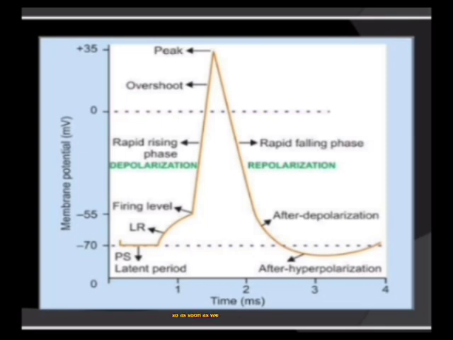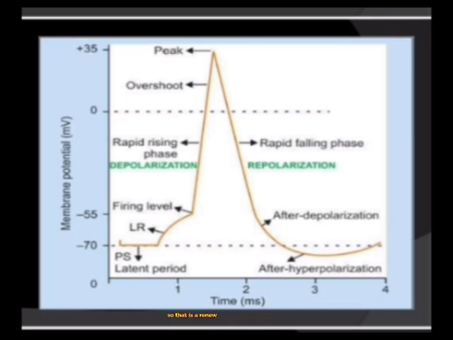So as soon as repolarization reaches here, the interior of the cell is fully electronegative, while the exterior is electropositive.